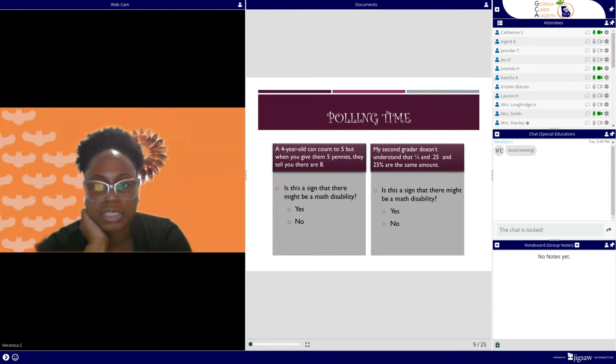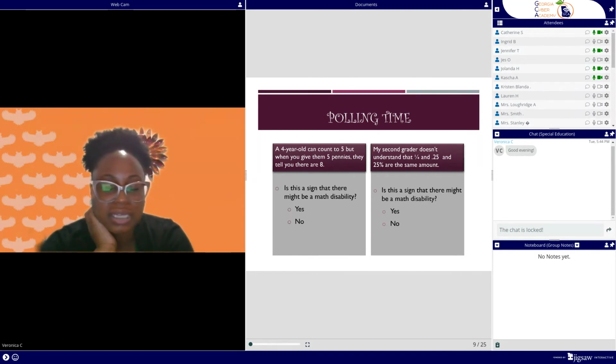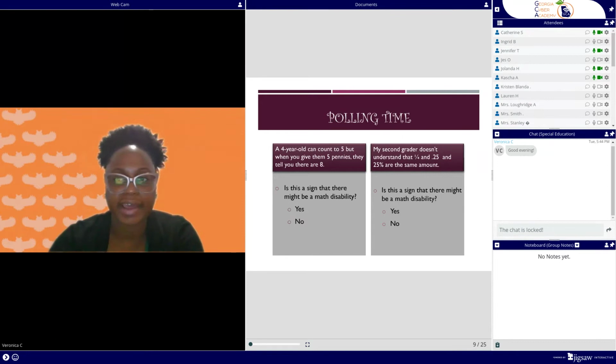We don't expect a second grader to know percentages and decimals and things like that yet. Some things are just skills a student has not developed yet, so they're not automatically a sign of a disability.